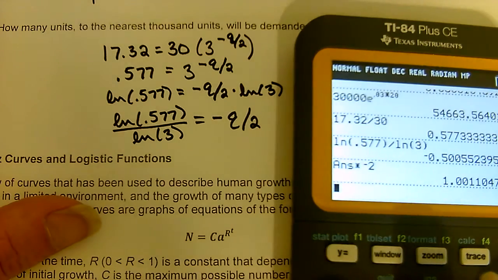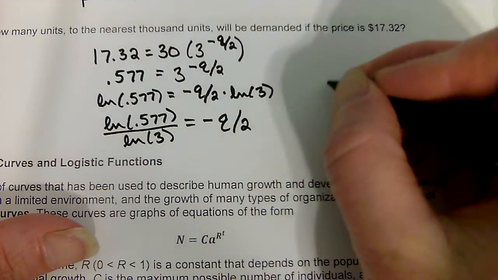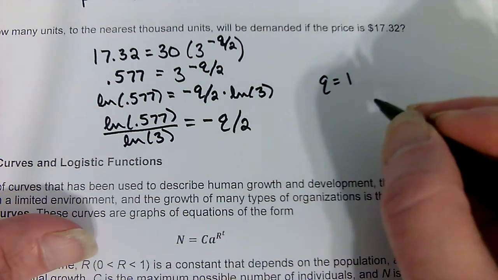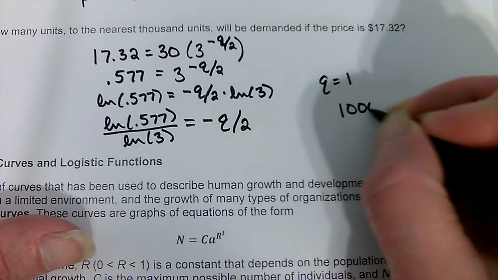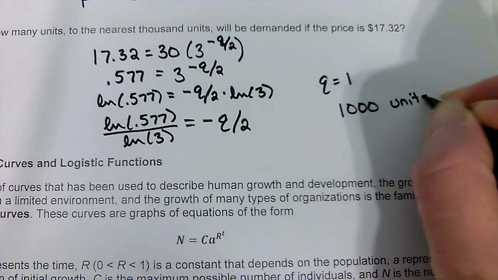And I get 1.001. So Q is 1, but that doesn't mean just 1 unit. That's 1,000 units.